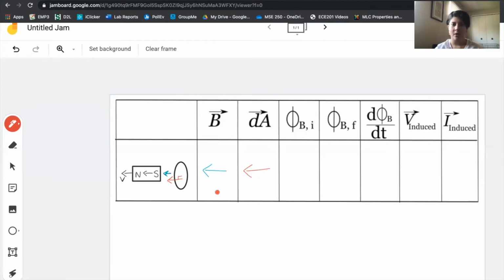And so in the notes, we talk about flux, right? And so we have a couple of characteristics of flux, one being the size, big or small, relative, and the sign, if it's negative or positive. And so what we determine initial and final is kind of like a before and after scenario of when the object is moved, because you have to have some kind of movement in order to induce a current.